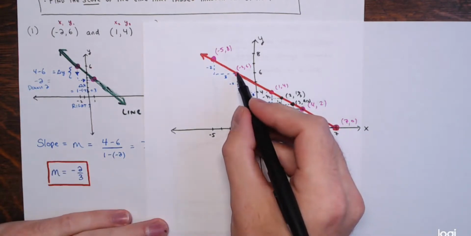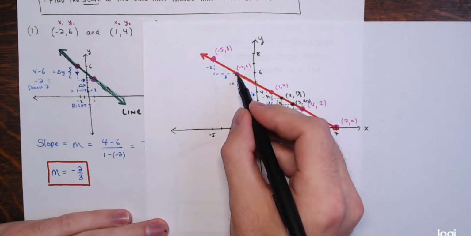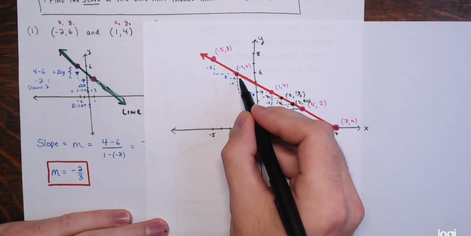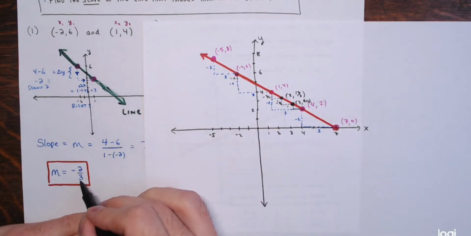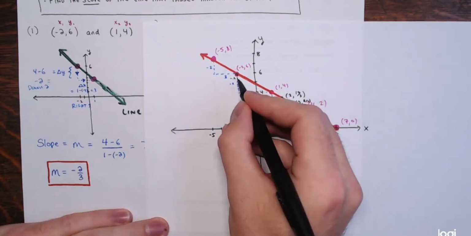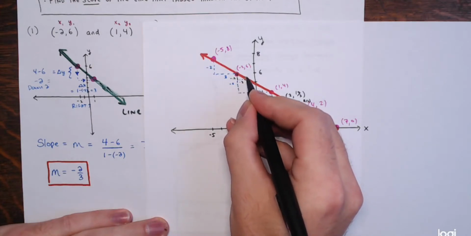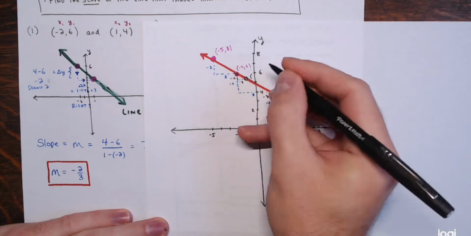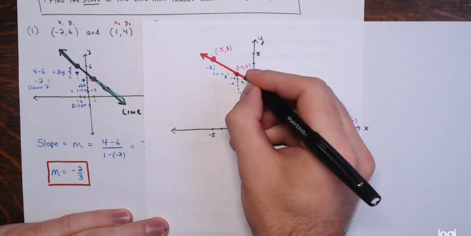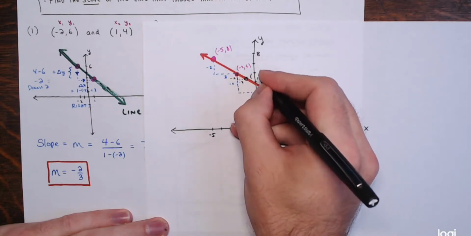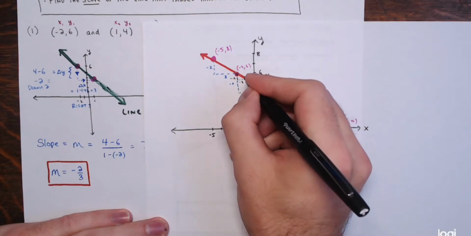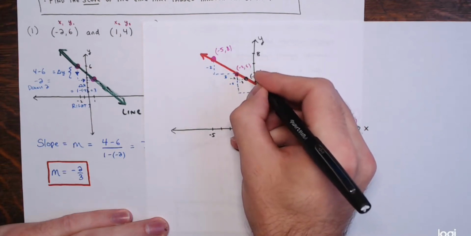So like, how about up here? I could go down 0.2, negative 0.2, and then go to the right 0.3. I'd be at this point, which, if I go down 0.2, goes from y equals 6 to y equals 5.8. And if I go right 0.3, I'm at negative 1.7.